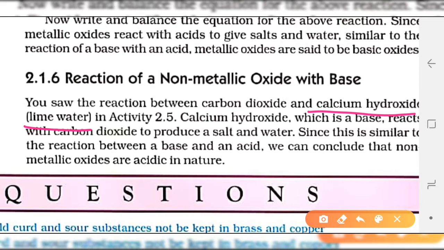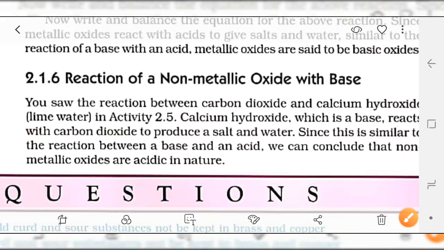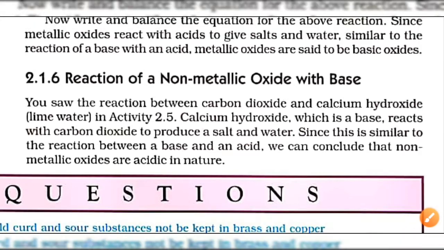In activity 2.5, calcium hydroxide, which is a base, reacts with carbon dioxide to produce salt and water. Since this is similar to the reaction between base and acid, we can conclude that non-metallic oxides are acidic in nature. So from here you can understand that calcium hydroxide is a base because it has a hydroxide group.